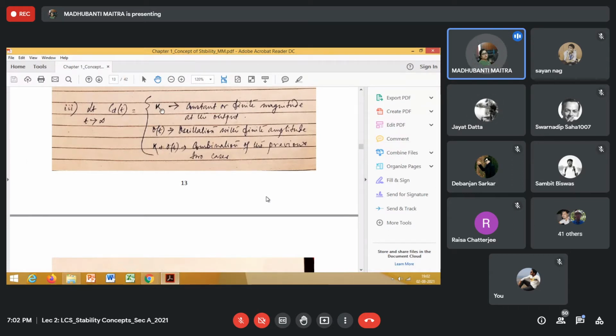Now, this particular system exhibiting this kind of response cannot be termed as a stable one or an unstable one. Why? Because if the value of k is pretty small and if we can allow this much deviation at the output of the system, then we can work with that particular system.